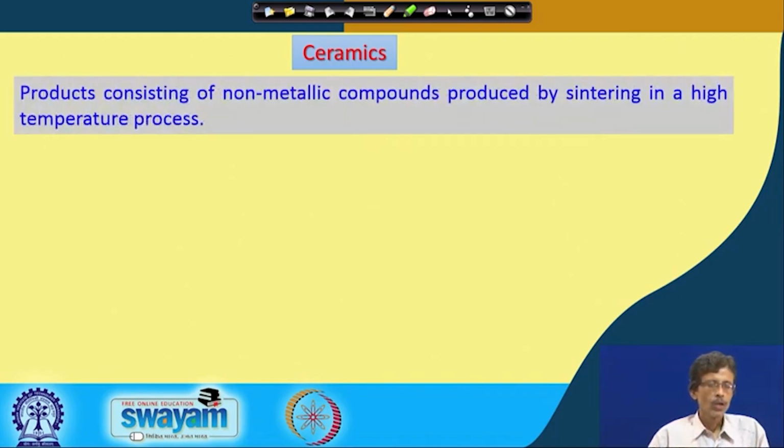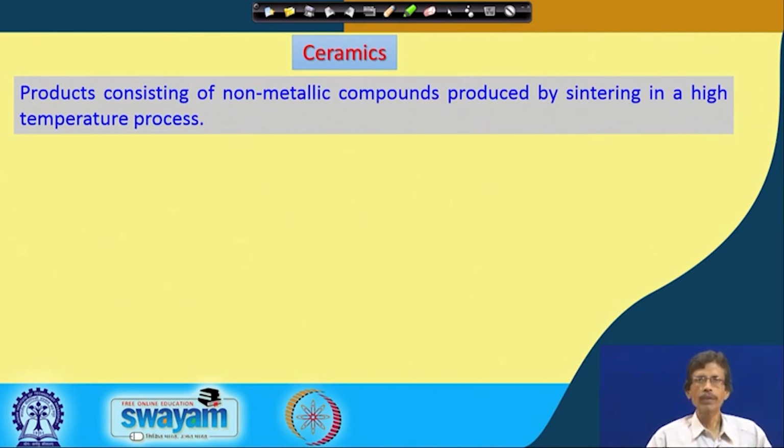These are the products termed ceramic materials, and ceramic materials are nothing but non-metallic compounds, so you don't have the metallic part over here. You can have some amount of metallic part after the compound forms, produced by sintering in a high temperature process, like our cement making process.